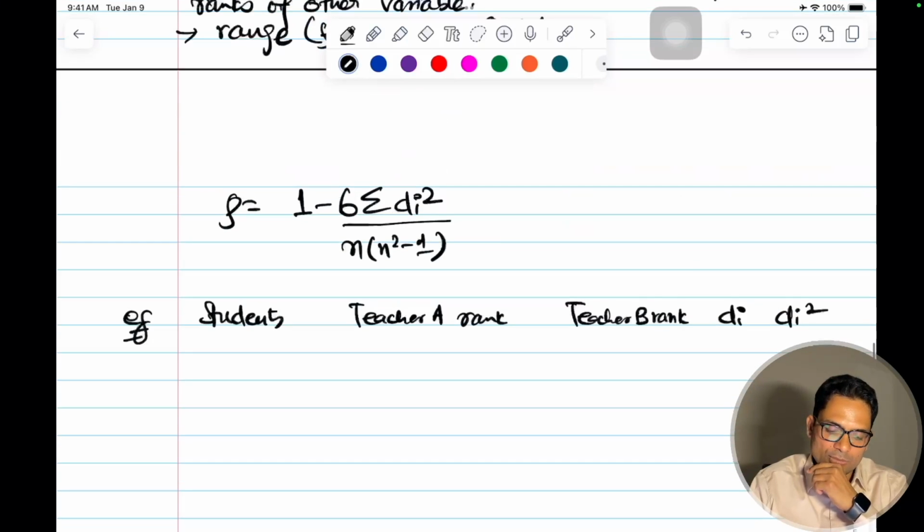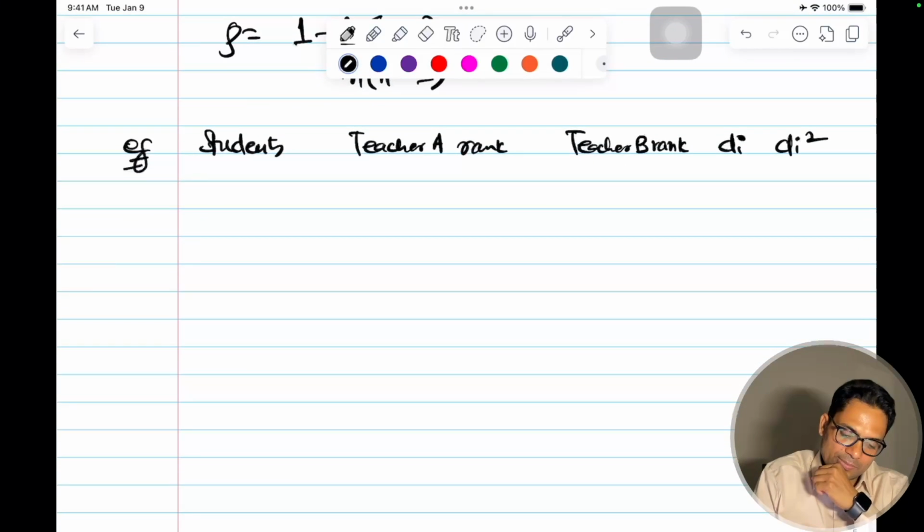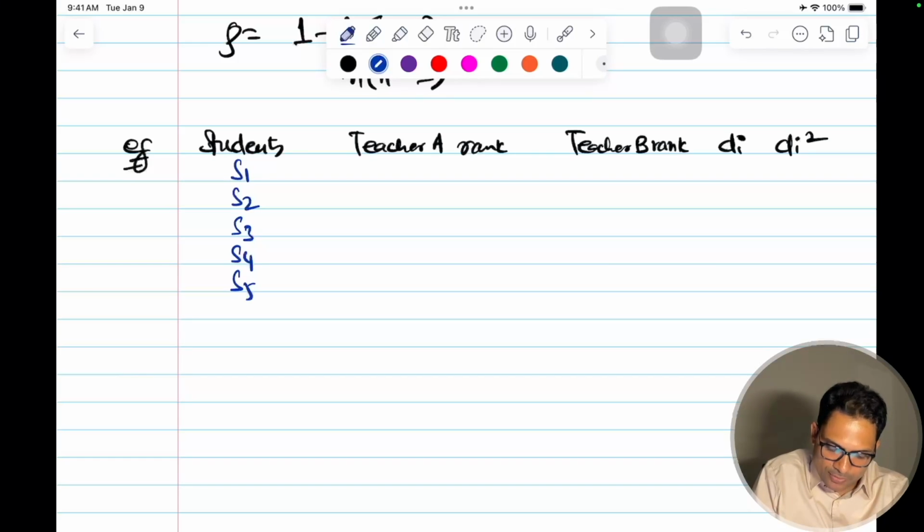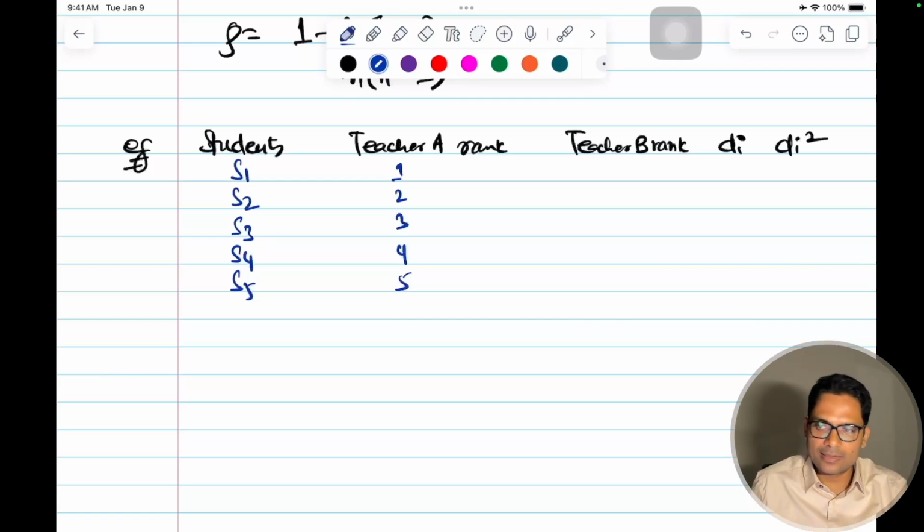We want the summation of all di square. So let me do student 1, student 2, student 3, student 4, student 5. 5 students are there, and the first teacher, teacher A, ranked them normally as 1, 2, 3, 4, 5. This is the order they ranked them.